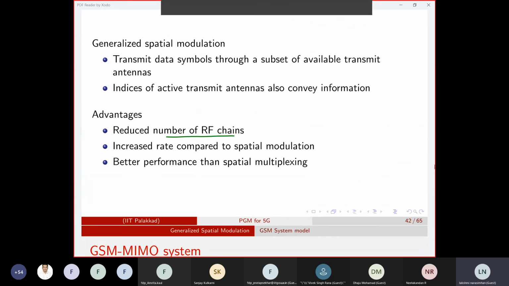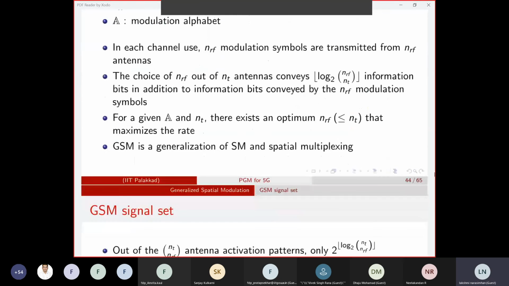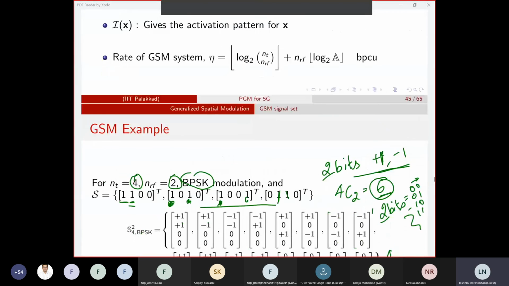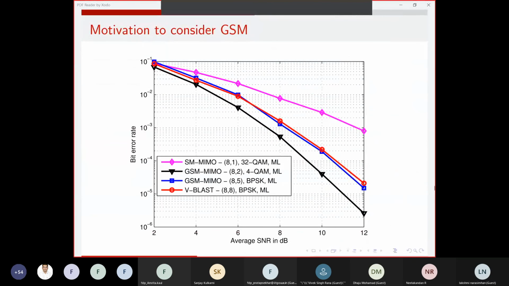And the most counterintuitive thing is that the performance of this spatial modulation is much better than spatial multiplexing. I'll not get into the theory of it, but I'll just show the simulation result that we have. Here we are comparing all possible combinations. We have an 8x8 system, that is 8 transmit antennas and 8 receive antennas.